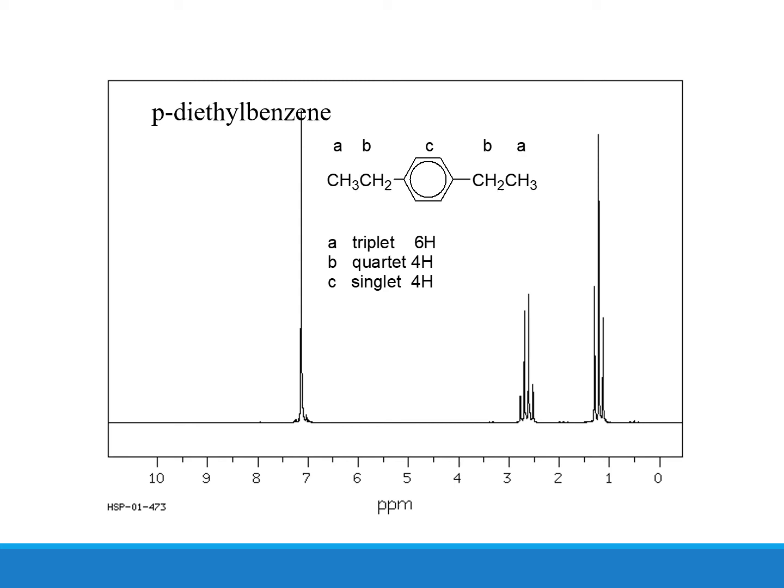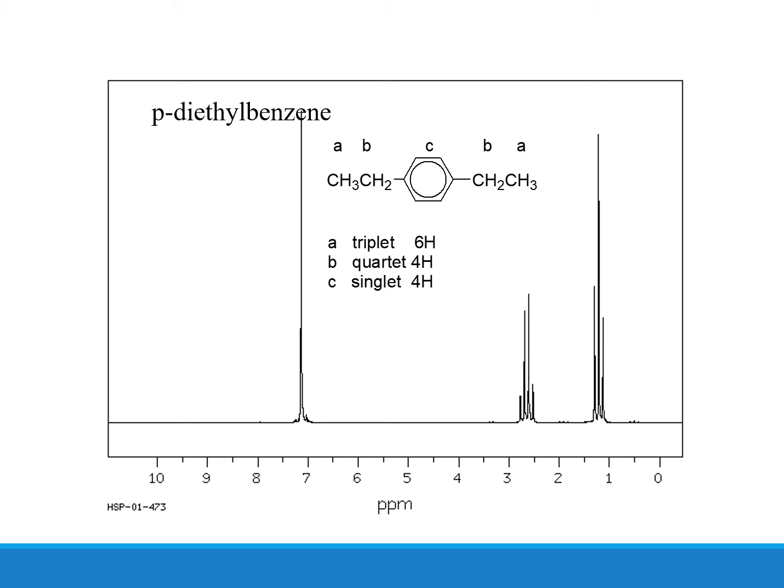highly deshielded to the left side in the spectrum, and they are a singlet, whereas protons in the methylene group are a quartet because of the three neighboring hydrogens in the methyl group, and they appear next to them, a little bit farther to the right in the spectrum.